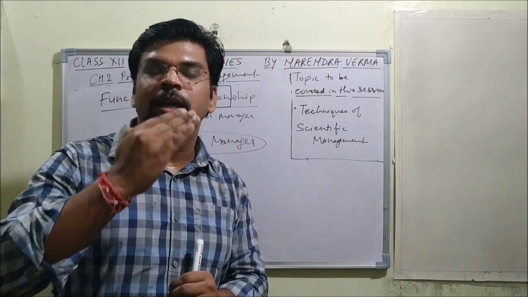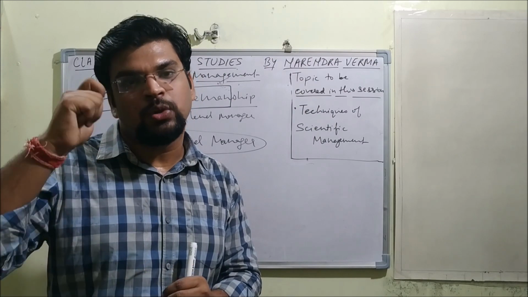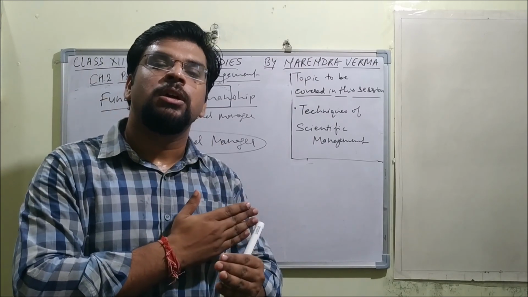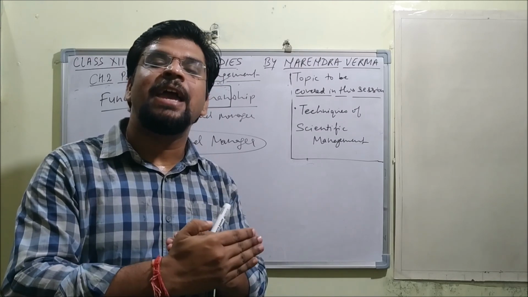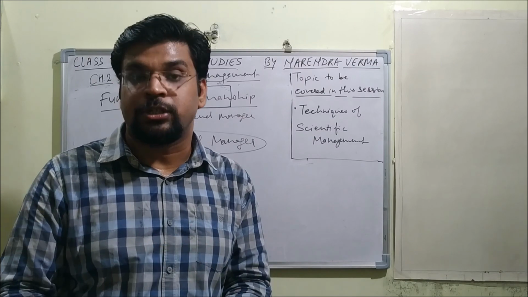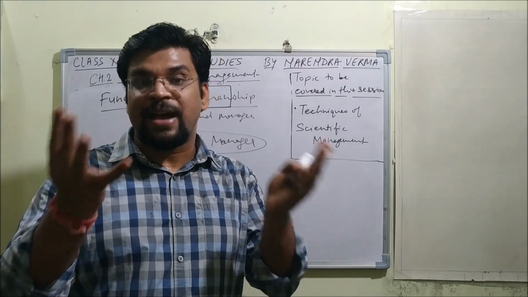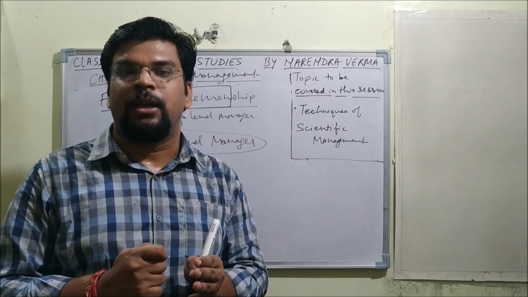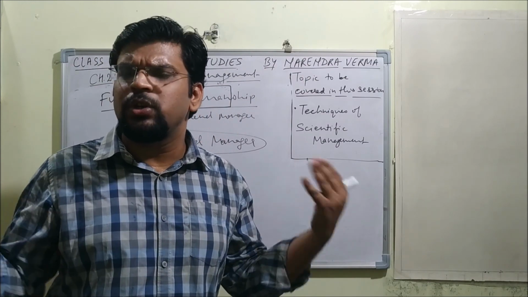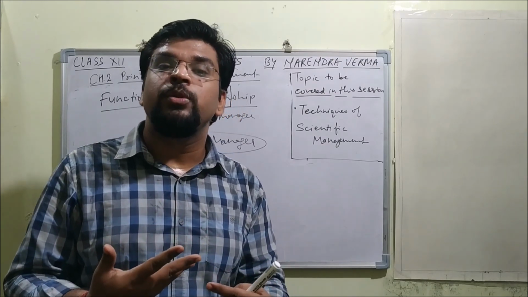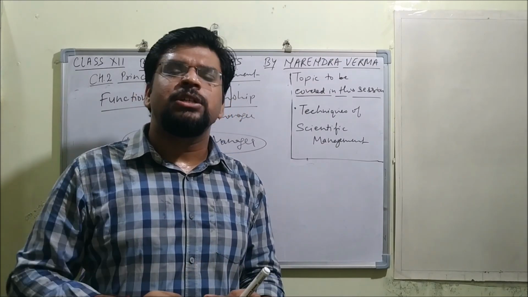And from the very beginning, F.W. Taylor focused only on reducing the cost and wastage, saving time and energy, and increasing the productivity or production capacity. So he kept on applying that thing. We know that he was applying science, and in science the best method has to be sought, so he kept on searching for the best method.